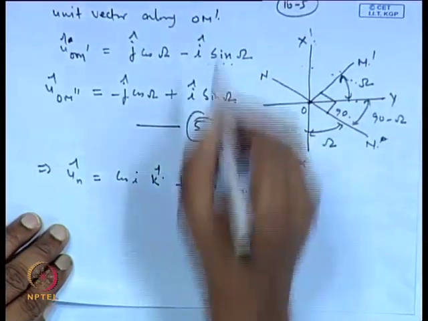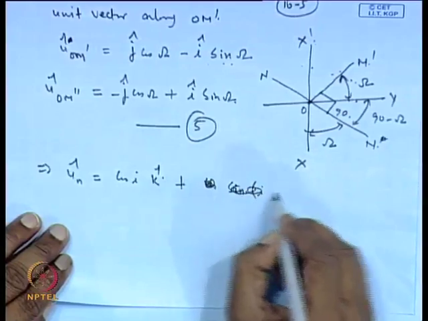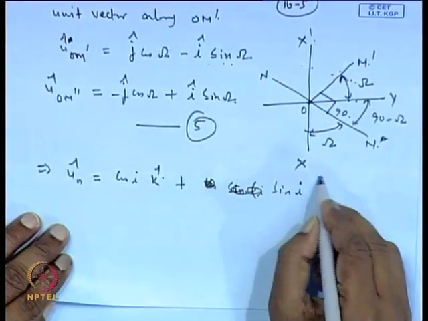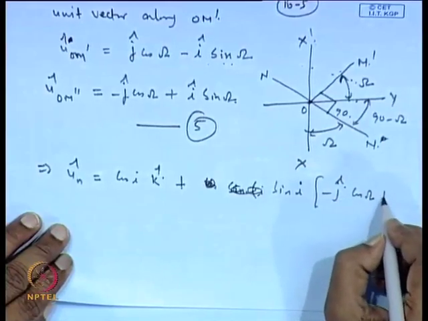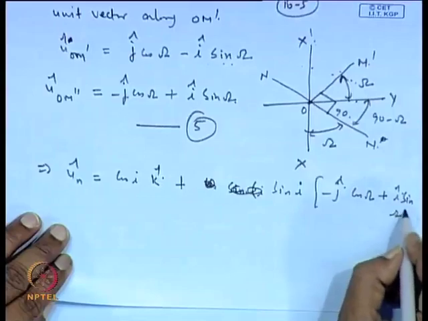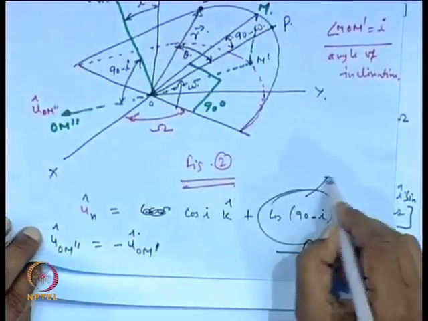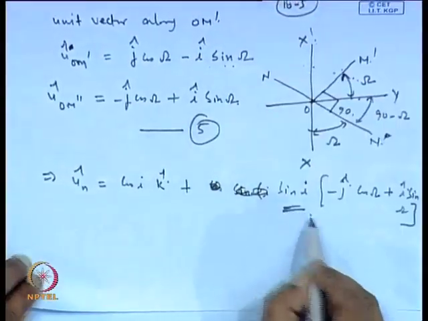So, this becomes sin I times minus j cap cos capital omega plus I cap sin capital omega. Okay. So, we are using the same thing here.